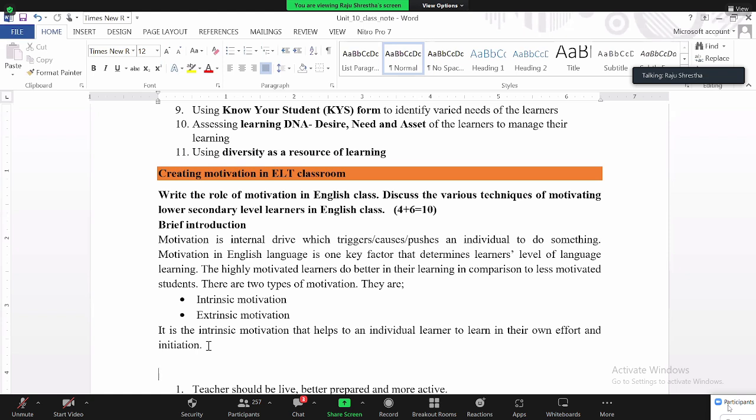So in comparison to these two types of motivation, intrinsic motivation is better than the extrinsic one.